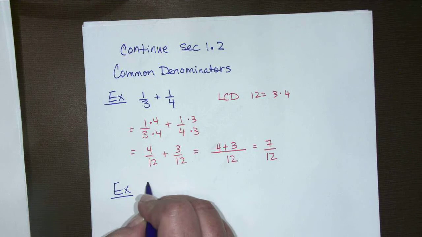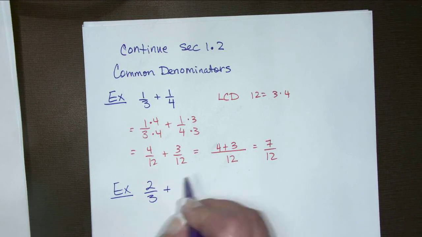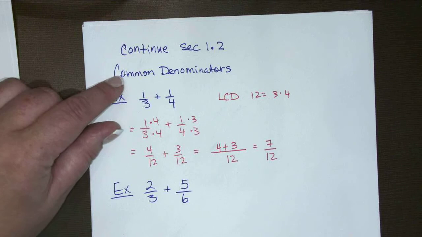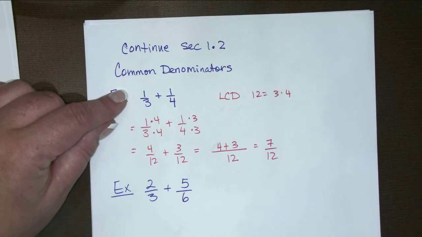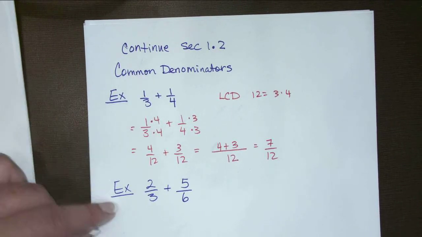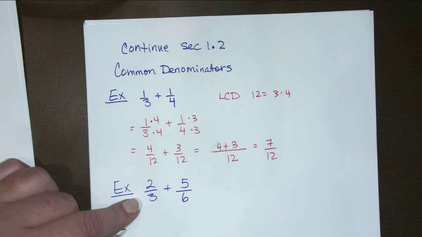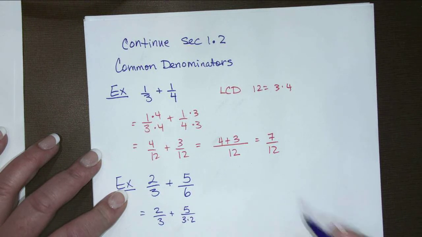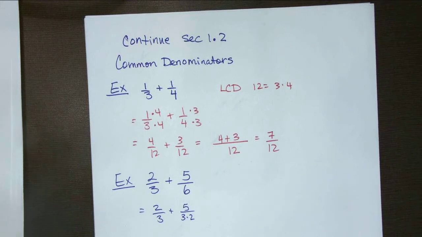So the second type. Type 1 was that they didn't have any common factors in the denominator already. Type 2 is that they do have common factors in the denominator. So they both have a factor of 3. I can say that 6 is 3 times 2. Now, I'm writing it this way on purpose because when we add variables in, it becomes tricky.